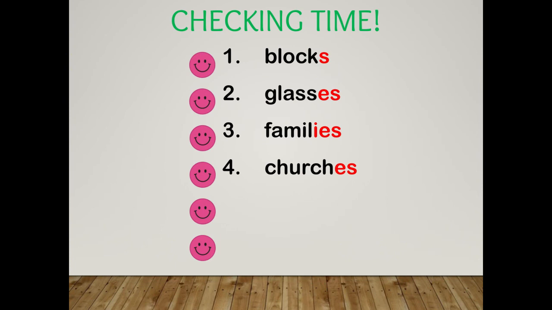Churches. I go to one church, but there are lots of churches in our area. It ended in ch, so I needed to add an ES. One berry was not good enough on my cereal. I wanted lots of berries.